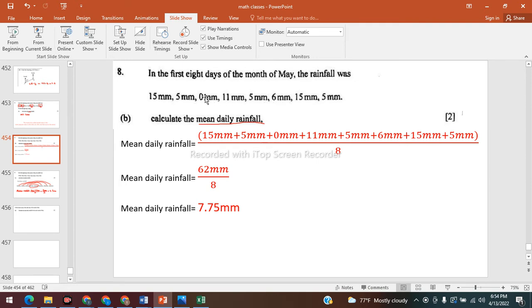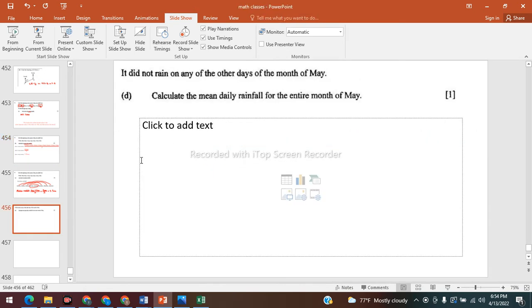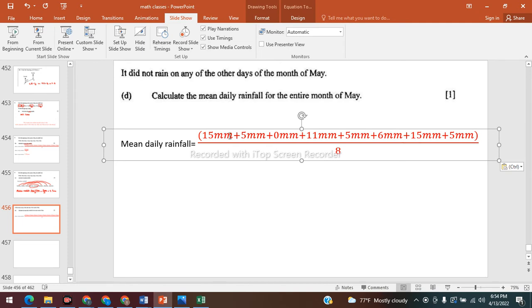We need to take this into account, but for the other days we cannot. The mean is the addition of all the rainfalls divided by the number of days, so we need to remember how many days are in the month of May.